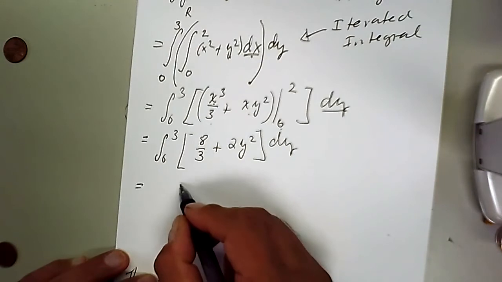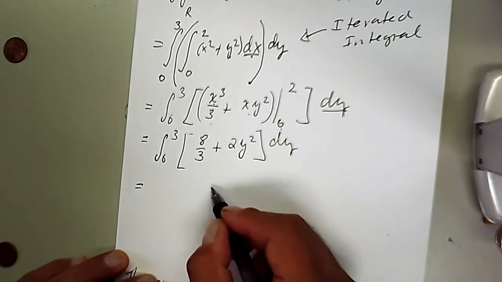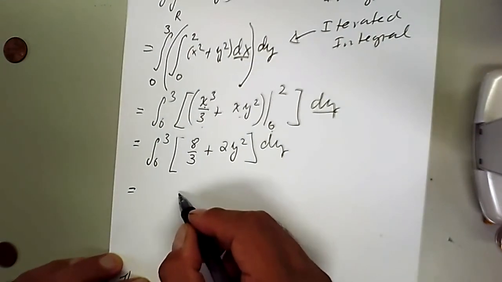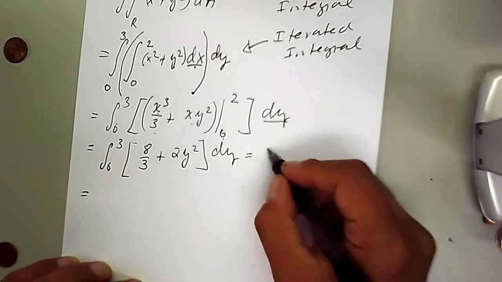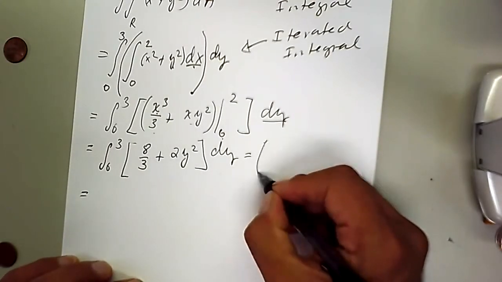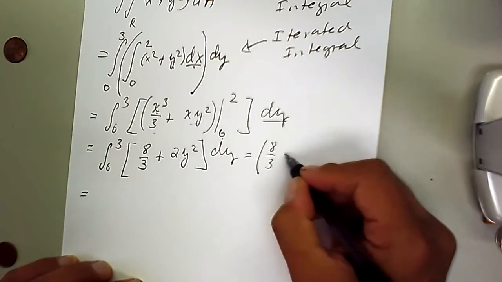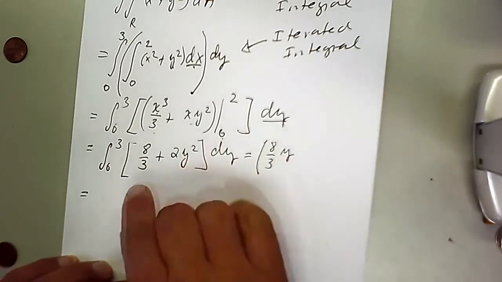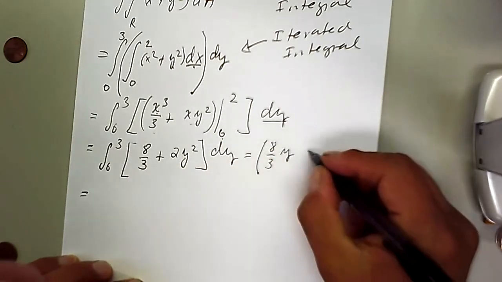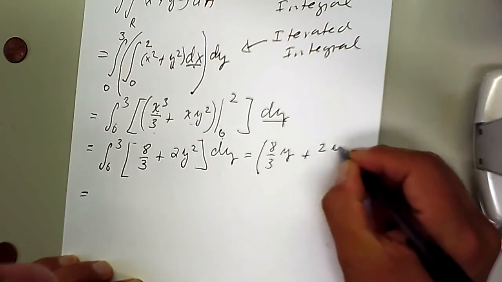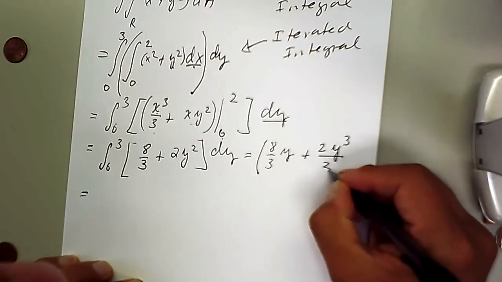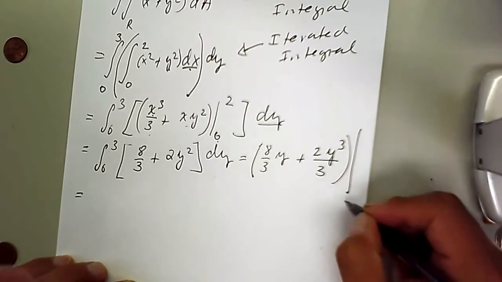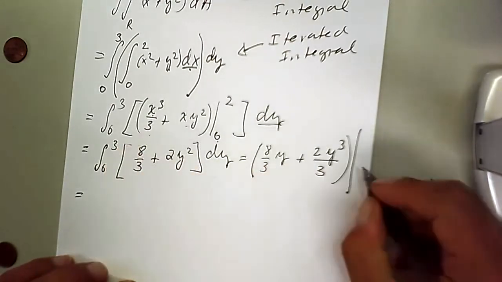So that is going to be, according to the fundamental theorem of calculus, 8/3 y, because that is a constant, plus 2y cubed over 3, close parenthesis, all of that evaluated from 0 to 3.